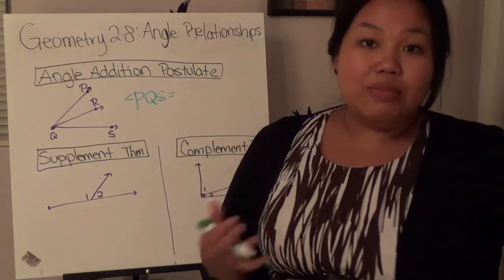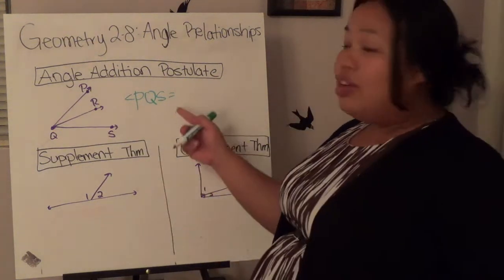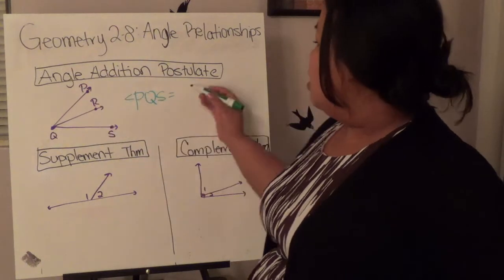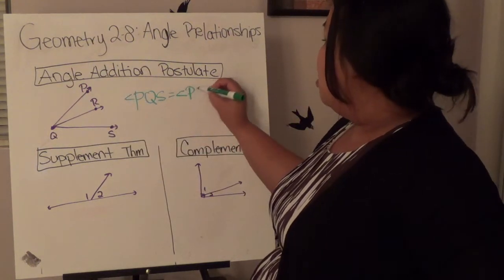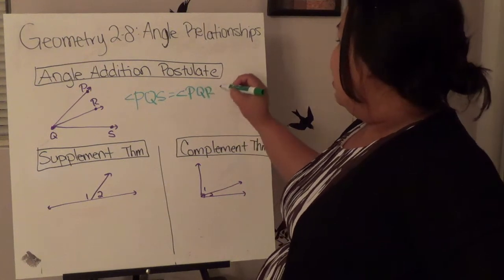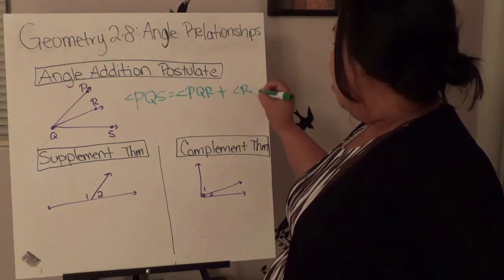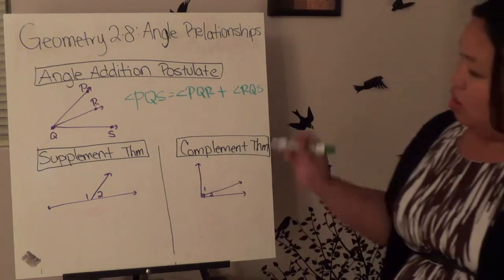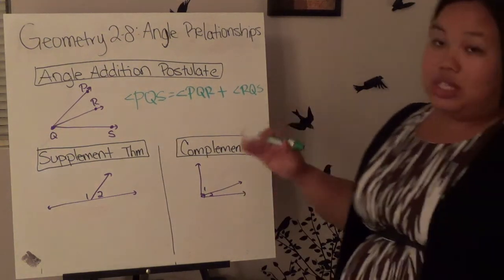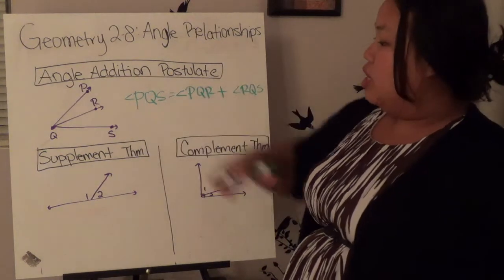So just like the segment addition postulate, with the angle addition postulate, I do the same thing. So angle PQS equals angle PQR plus angle RQS. So again, it's the segment addition postulate applied to angles.